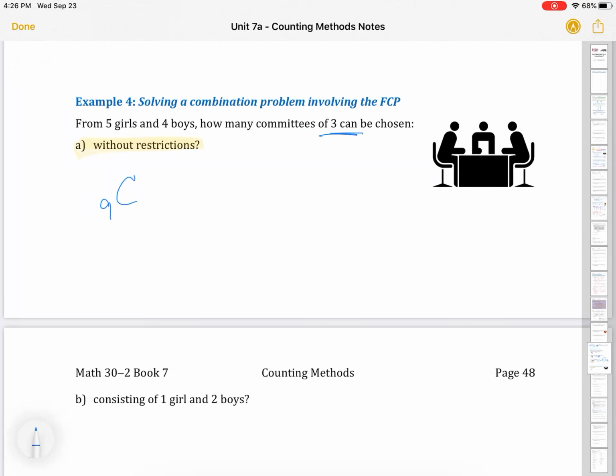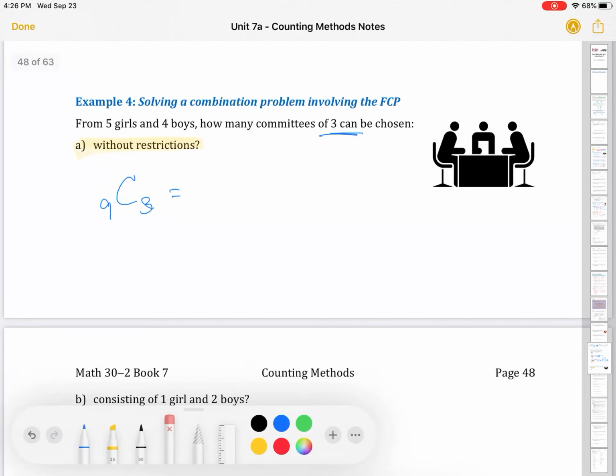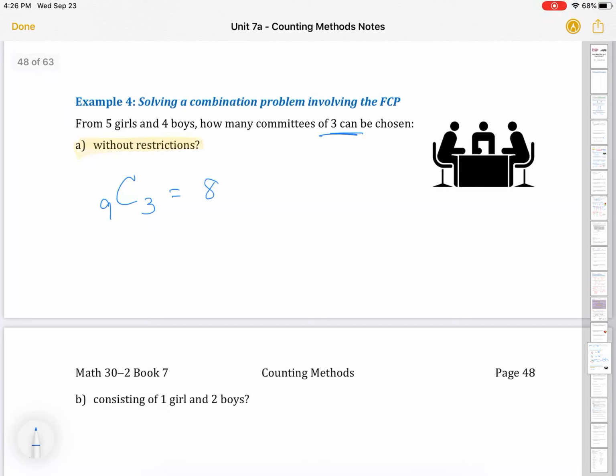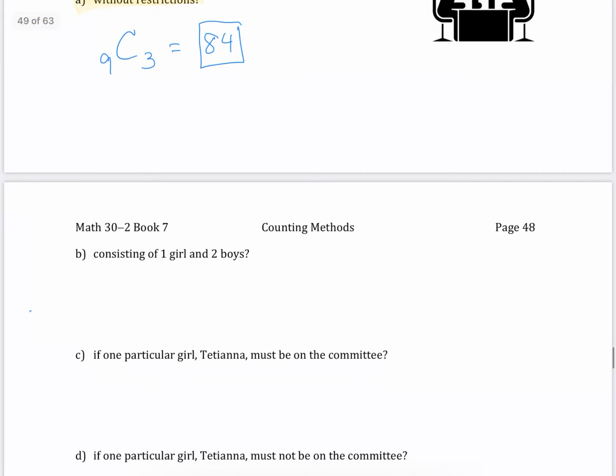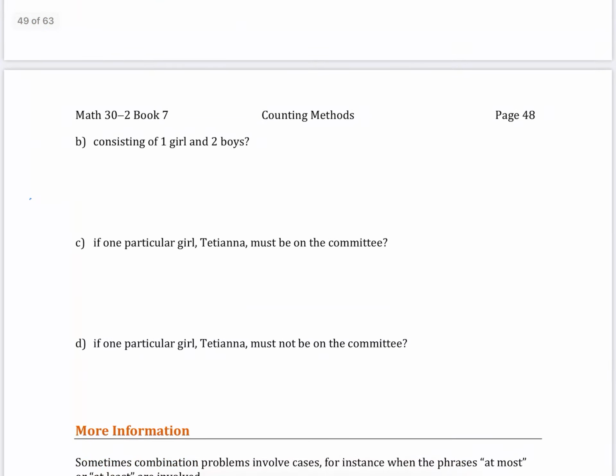We could have a committee that's 3 girls. We could have a committee that's 3 boys. There's no restrictions, right? So in total, we have 9, and the committee has 3 people. So we're at 9 choose 3, and we get 84.